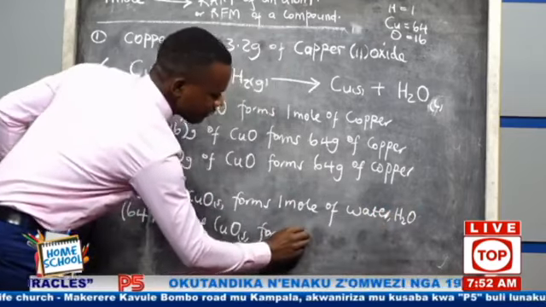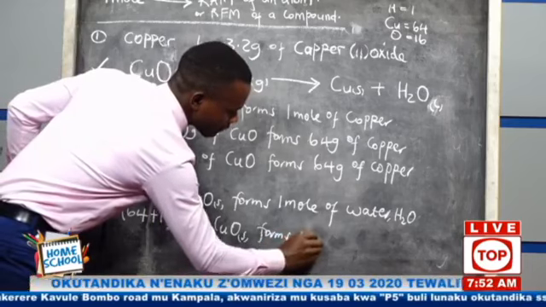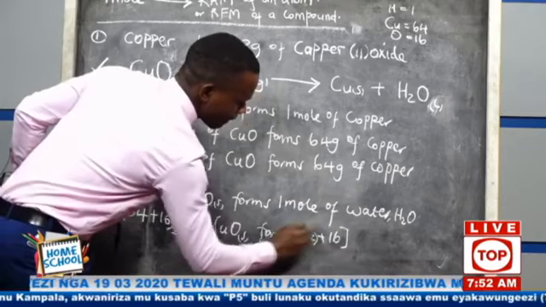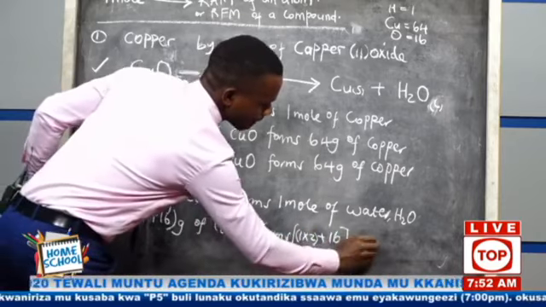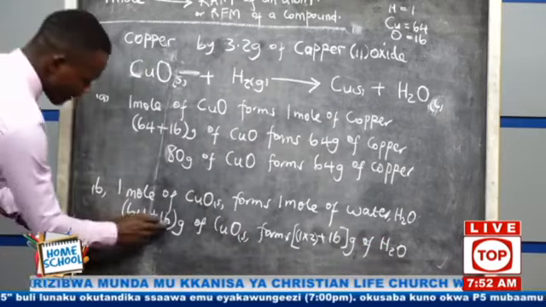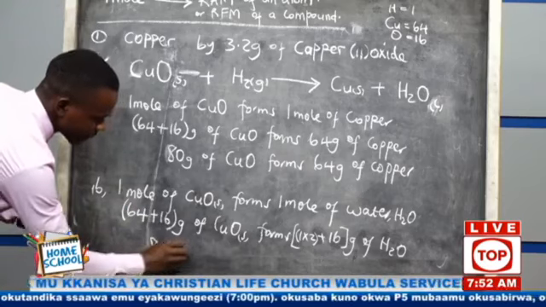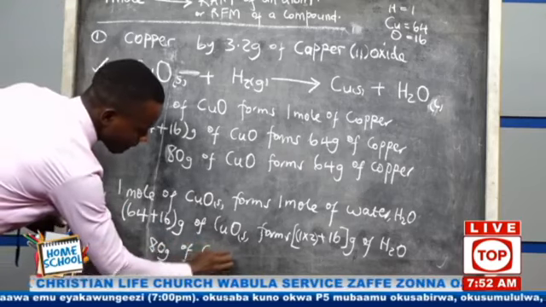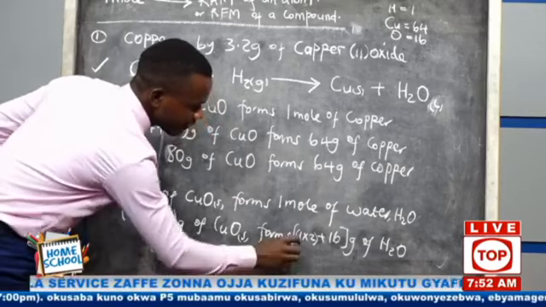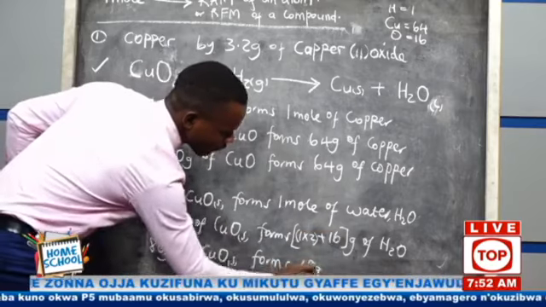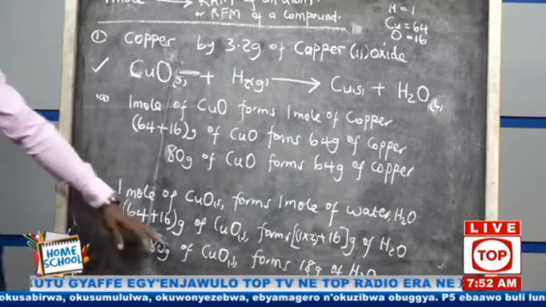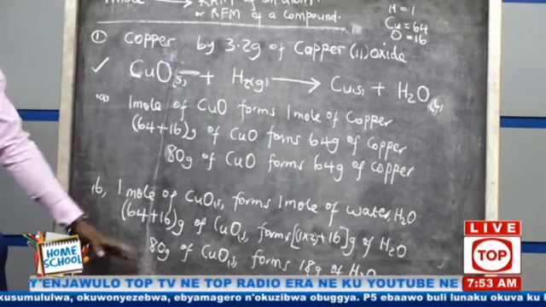That means here it will be 1 times 2 plus oxygen is 16, then here you say grams of water. What is the next step? You add. You get 80 grams of copper oxide solid forms 18 grams of water. Once you have this, we say that you have done the number.